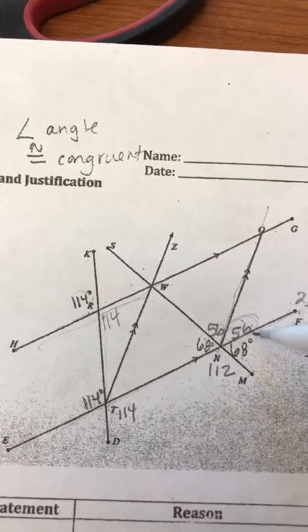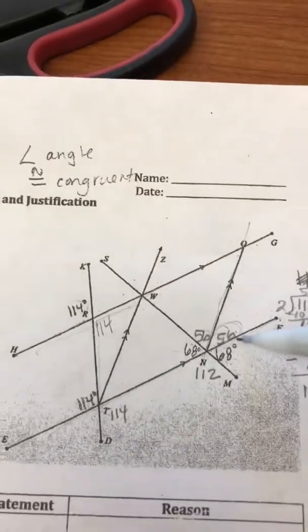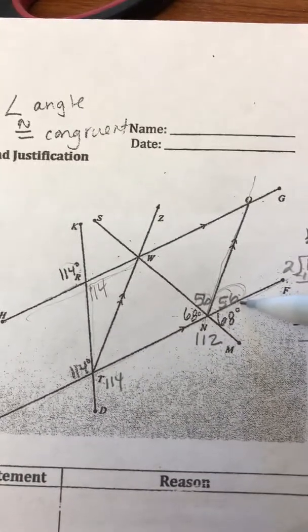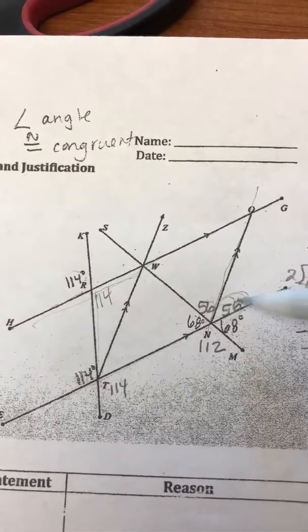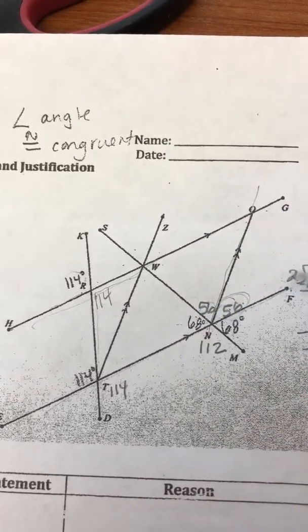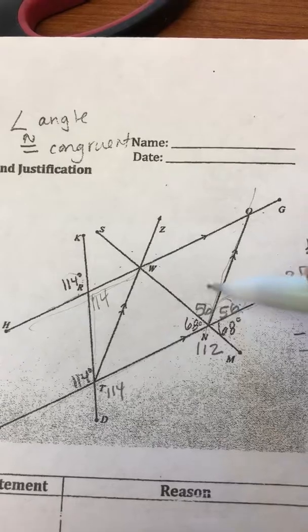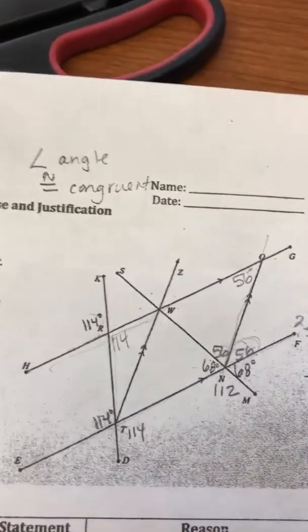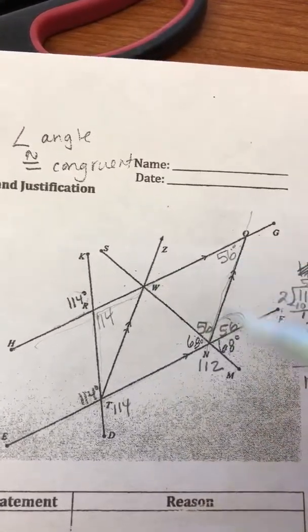Now, if it's interior, then I can find its partner called an alternate interior. An alternate interior is going to be still on the inside of the parallel lines, but on the opposite side of the transversal and up here. So this angle up here is 56 degrees, and this is called angle WON.